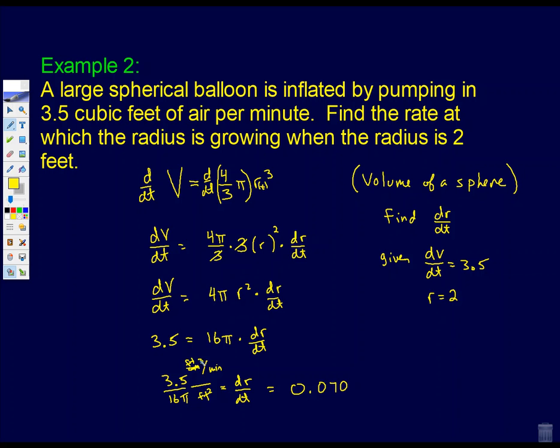So cubic feet per minute divided by square feet should leave you with just feet per minute, which makes sense because this is the rate of change of the radius. The radius is going to be measured in feet and the time is measured in minutes. So this is our instantaneous rate of change of the radius, 0.070 feet per minute.